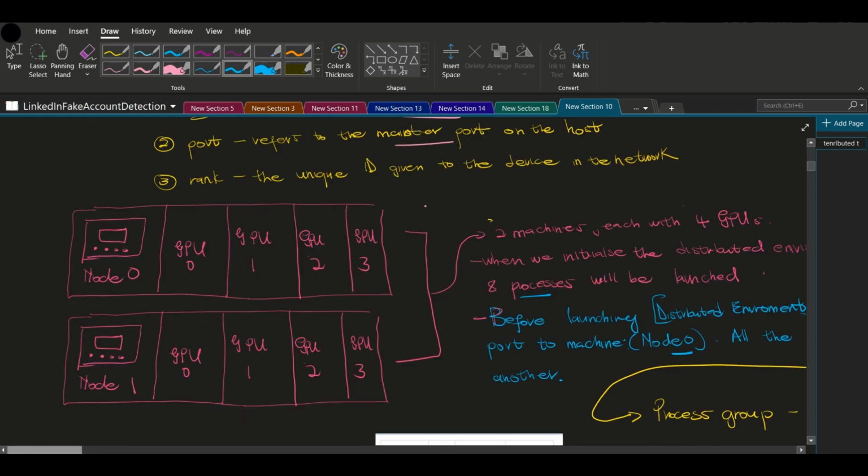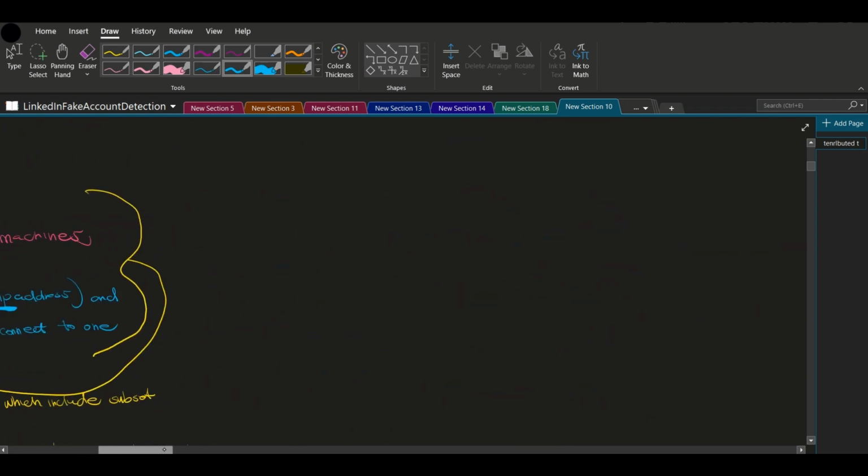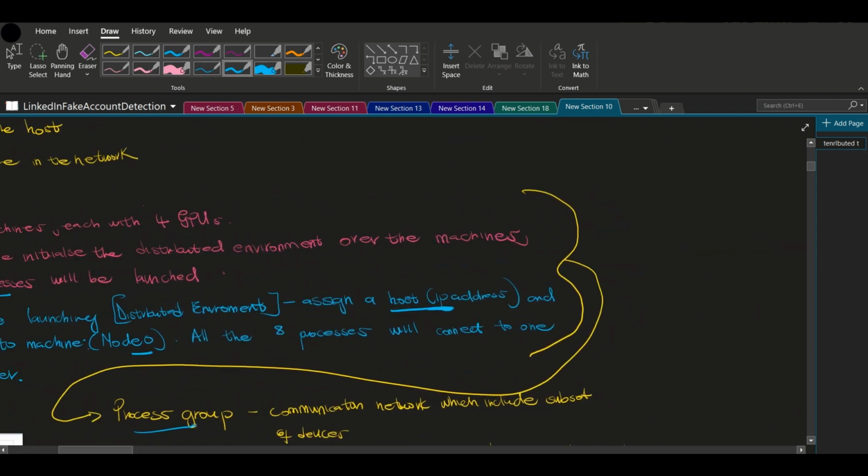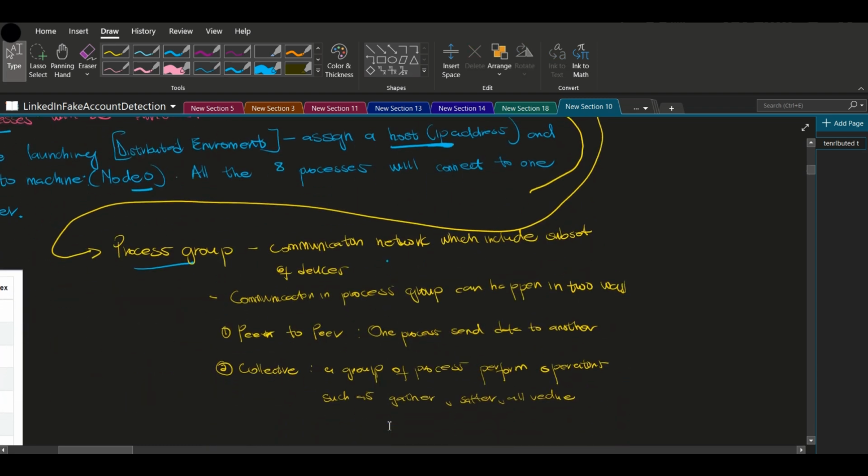Now that all of these machines are connected to one another, they can communicate with one another. We call this a process group. You can think of a process group as a communication network which includes a subset of devices.